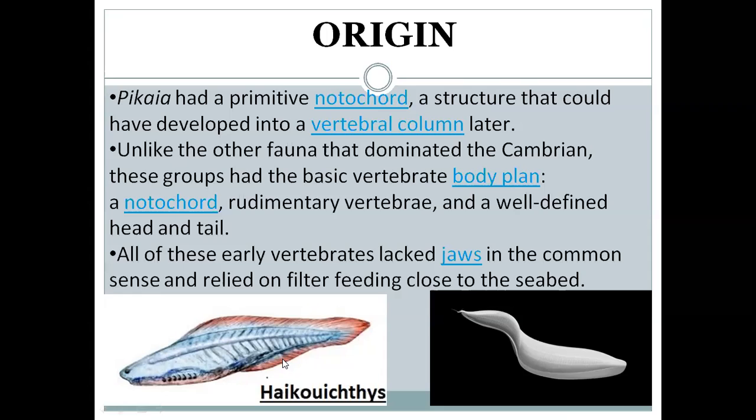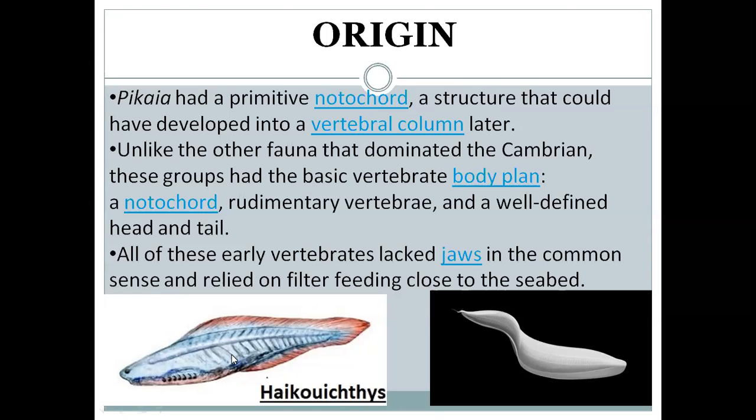They look similar to cephalochordates in appearance, and actually these are the larval forms, and these larval forms have developed into the first vertebrates. As we know, cephalochordates possess a notochord but not a vertebral column.